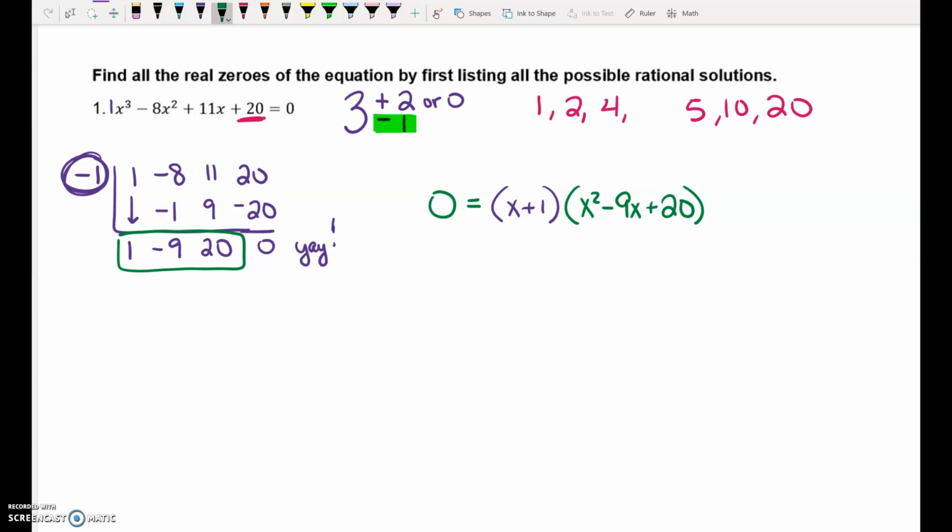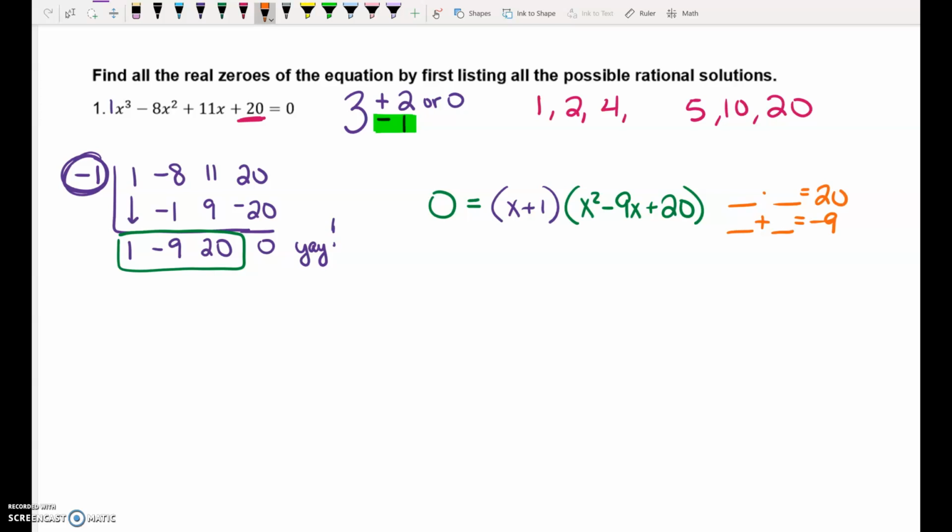Your last step is to finish factoring and solving. This fundamental theorem of algebra and Descartes' rule of signs and synthetic division, that helps us to get that first factor out that we couldn't get before. Now we know how to factor this trinomial. We're looking for 2 numbers that multiply to give us 20 and add up to negative 9. Your possibilities are already written right above.